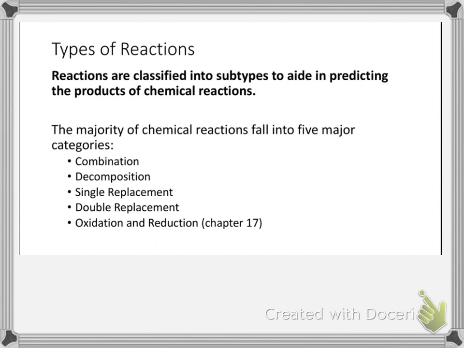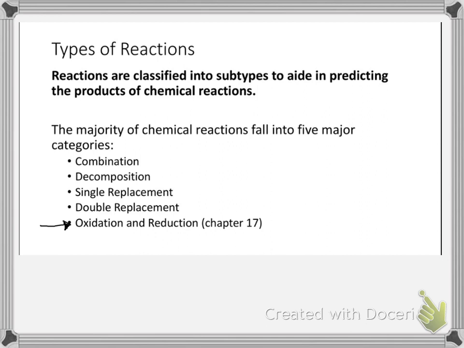So here are 4 major categories of reactions that we're going to encounter in our class and in our lab. You can just see them: combination, decomposition, single, and double replacement. Oxidation and reduction is kind of even a larger category, and it overlaps some of the other ones.